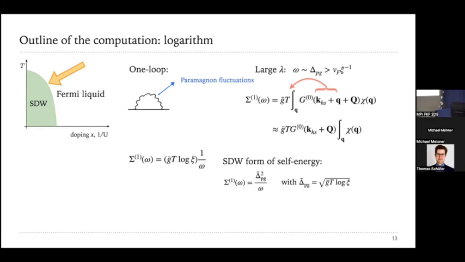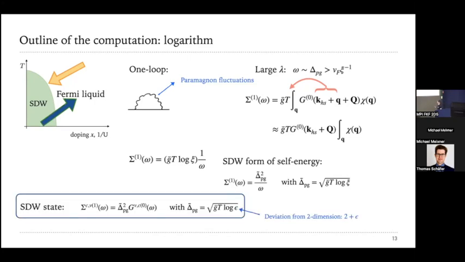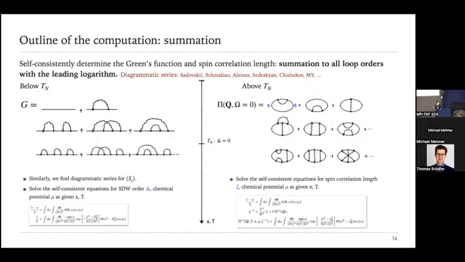So from this one loop theory, one can already obtain the pseudogap behavior, and following a similar logic, one can obtain the pseudogap behavior from thermal fluctuations in the SDW ordered state. However, because there is a log, it turns out that there is no small parameter to justify why one should only consider a one loop calculation.